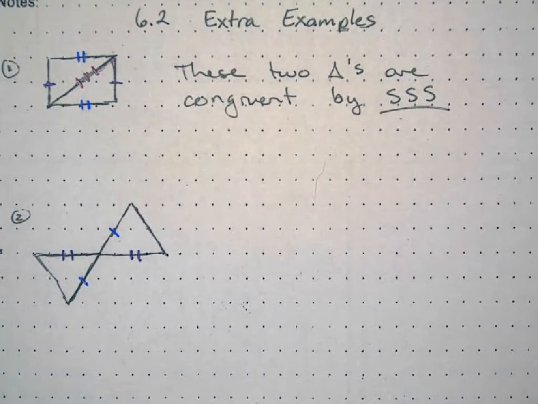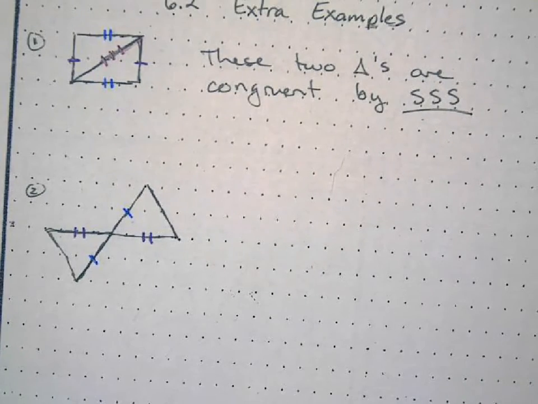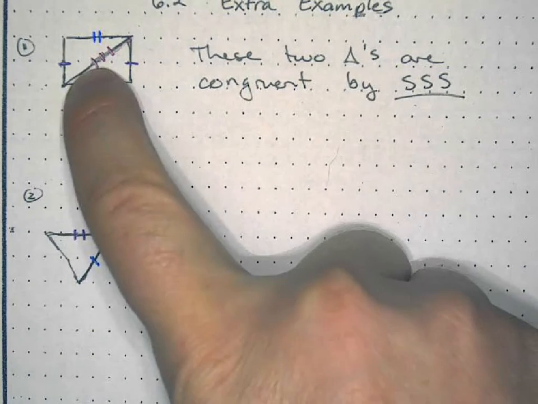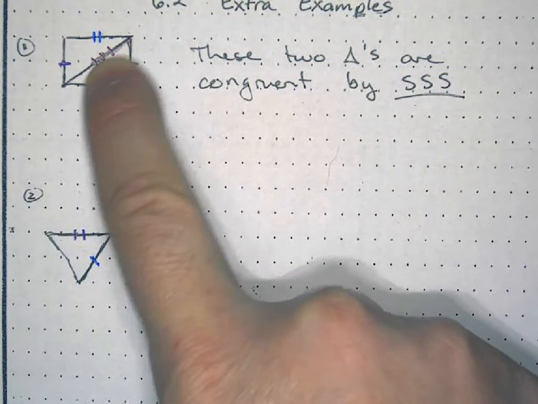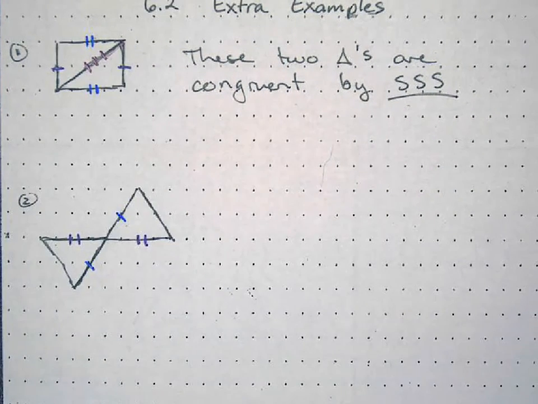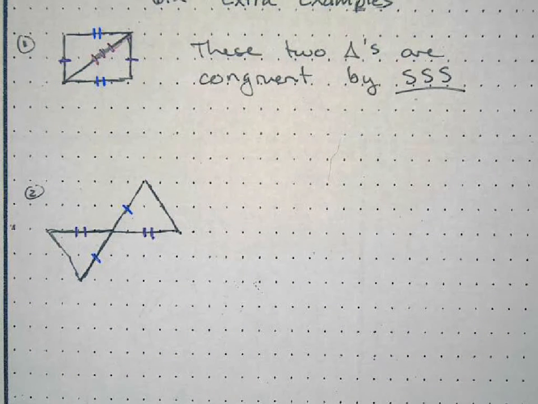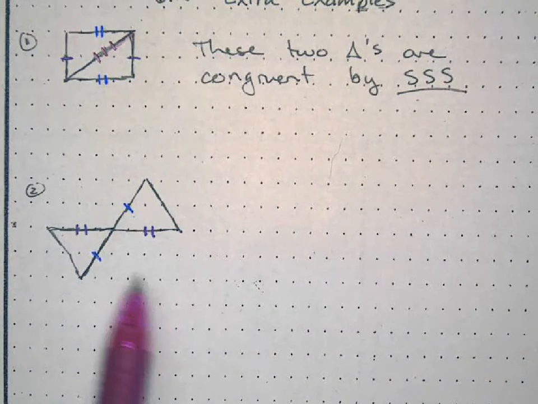Now, above, we had the implied third side congruent to itself. Here there's something we have to reach back in our geometry to realize that, without writing it, we can see that there are some congruent pieces here. So what we have is called our vertical angles. The problem's given like this.